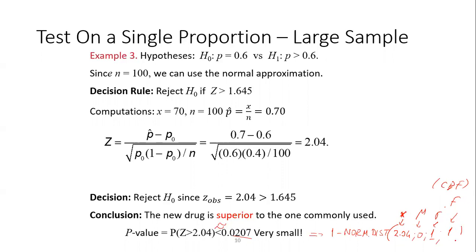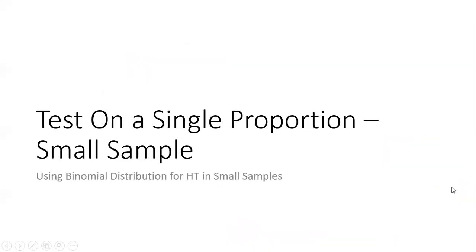If you write 0 here, you get the density f of x, and here it gives the capital F of x.